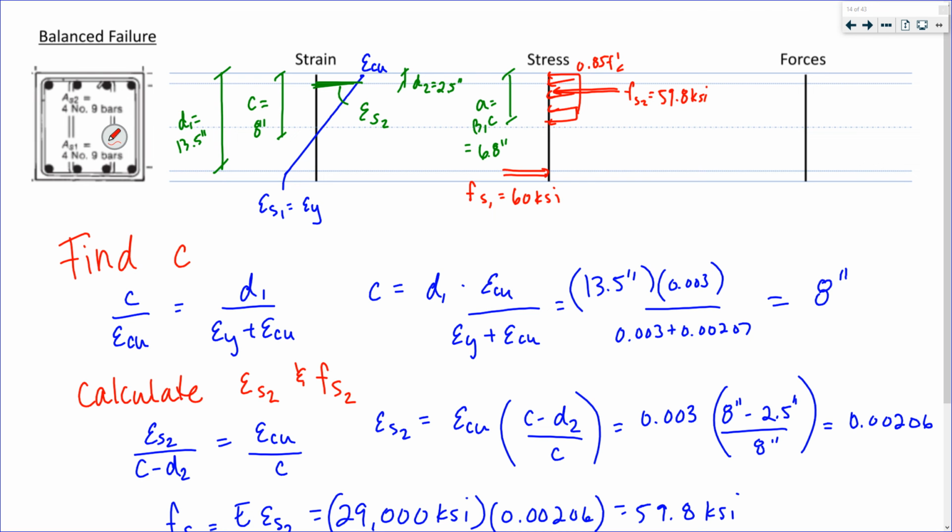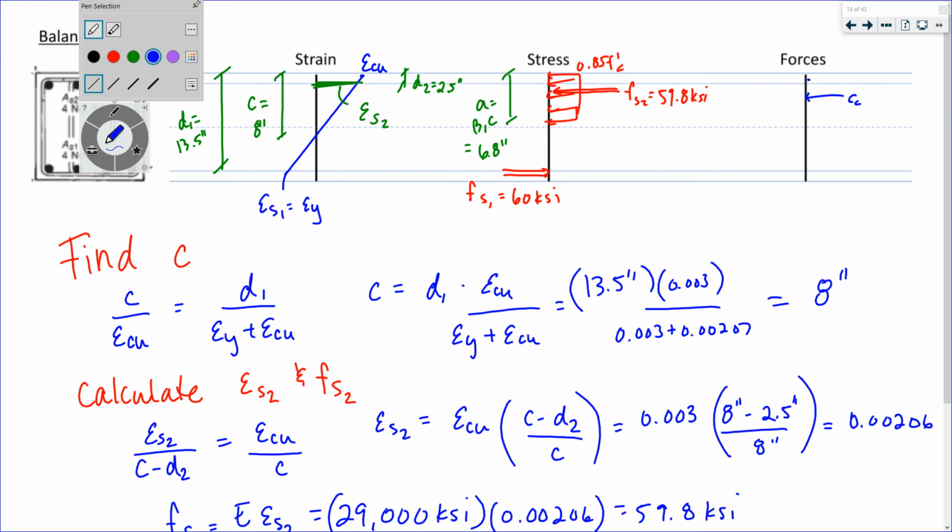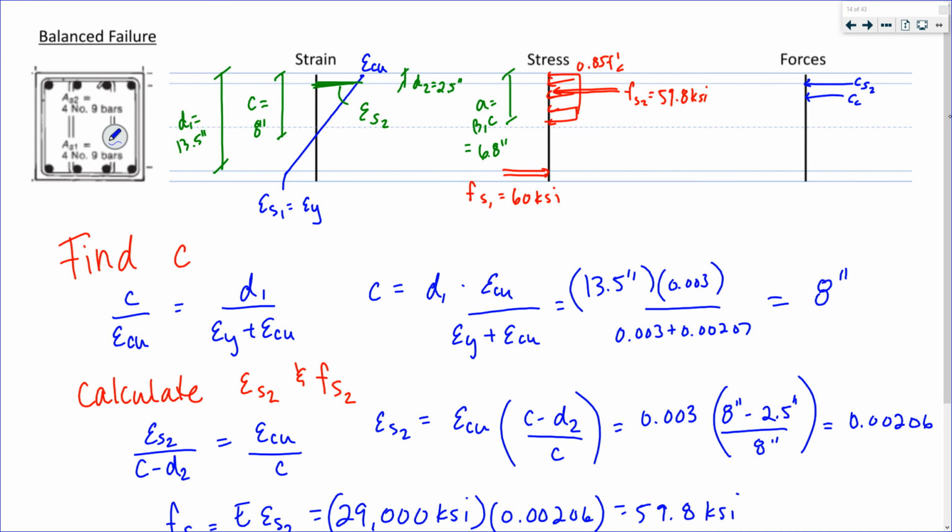This results in my forces. I've got C sub C and my compression steel, C sub S2, and then TS1.